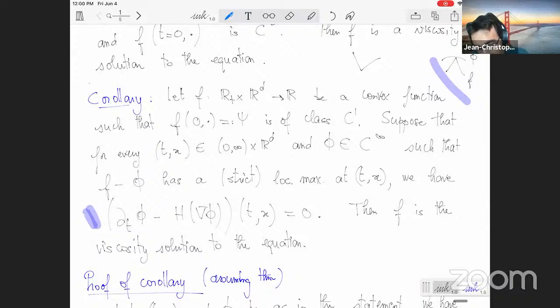If I have a phi which touches it, maybe the phi will look like this, and the contact point will be here. Okay, I cannot really approach the singularity. On the other hand, when I touch from below, things are really different because I can really have a situation like this.